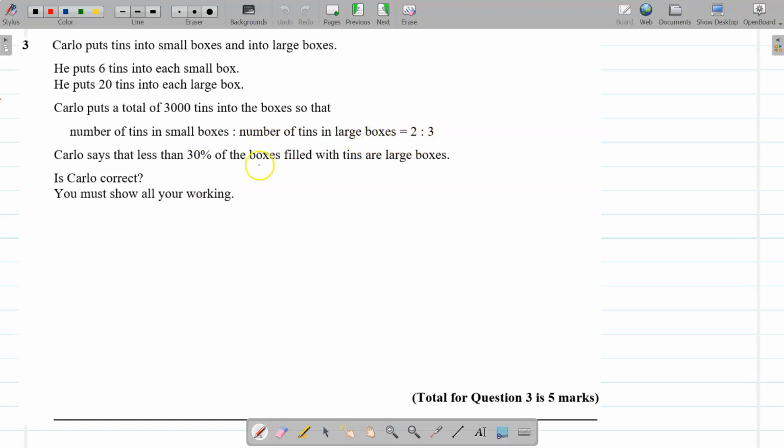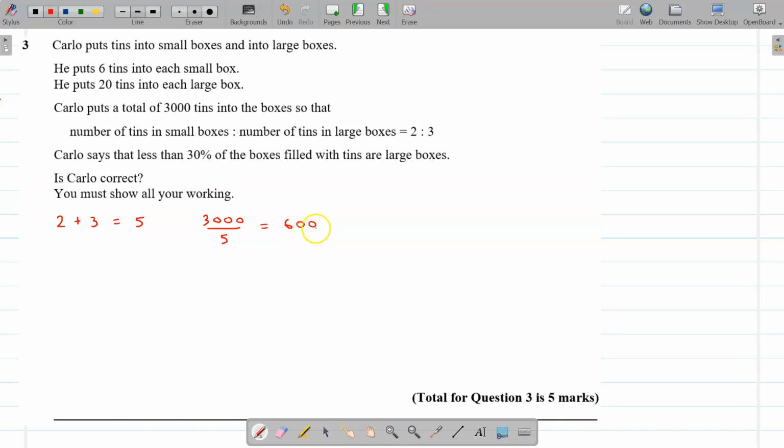Now, the process I would follow here is a classic ratio situation. Add the 2 parts together to get 5. And then divide the 3,000 tins by 5 to get 600. So if you've got your ratio adding up to 5 parts, it means 1 part is worth 600.